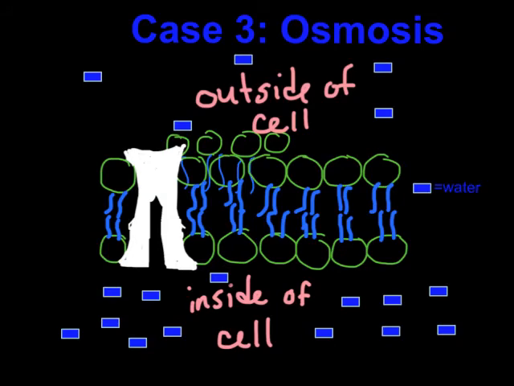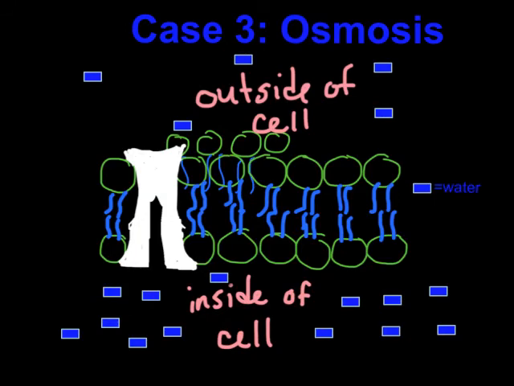What osmosis is, it's the exact same thing as simple diffusion, except it's when we're talking about water molecules. So again, we would look and see where there's a higher concentration of water. The little squares are water. And obviously there's a higher concentration of water, more per area, inside the cell than there is outside the cell in this case.